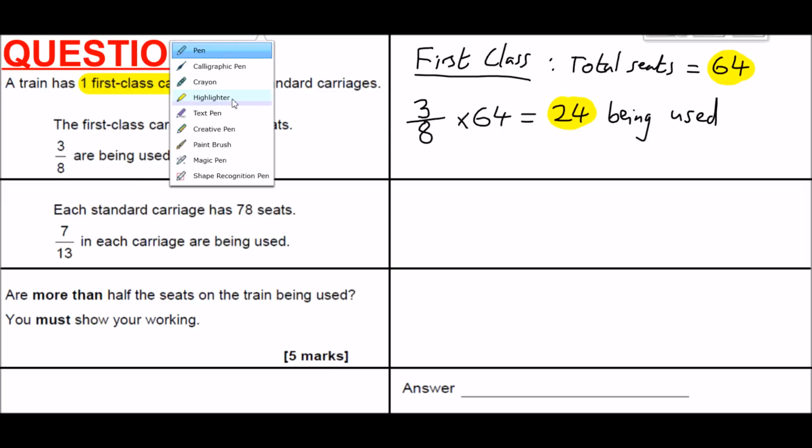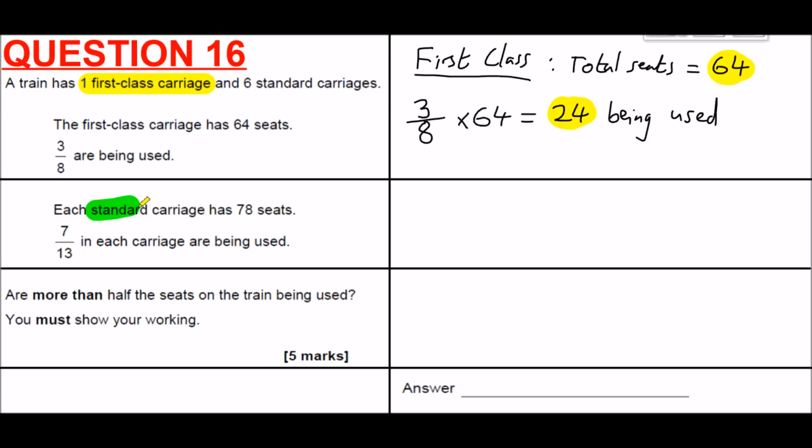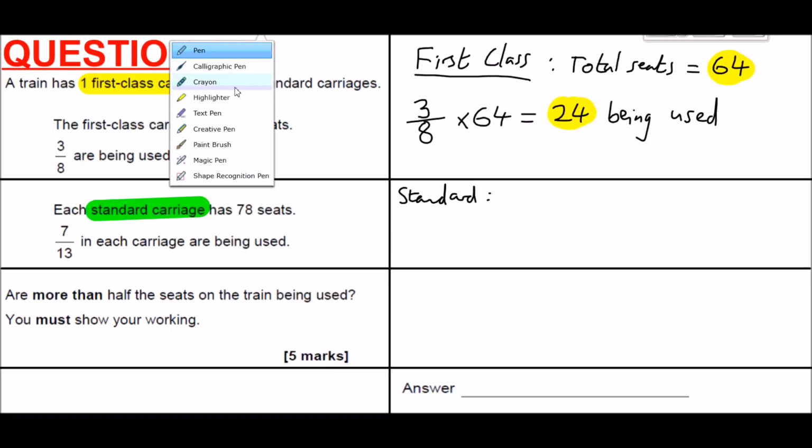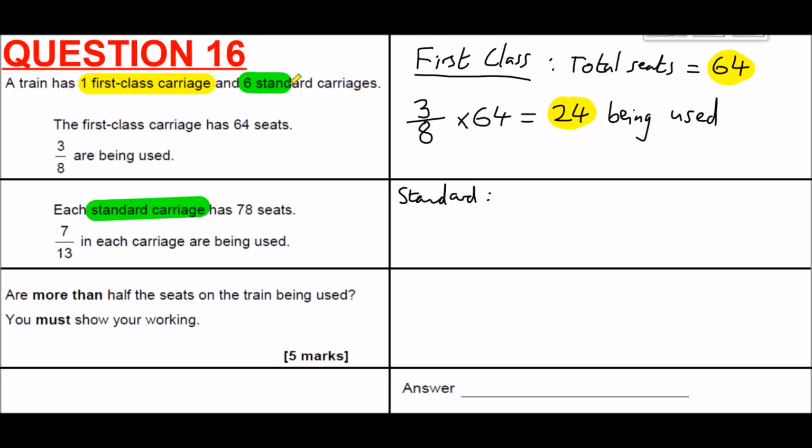Now we can have a look at the standard carriages. Each standard carriage has got 78 seats. So we're told that there's 6 standard carriages. So if there's 6 carriages, and each one's got 78 seats, the total seats here will be 6 carriages multiplied by the 78 seats per carriage.